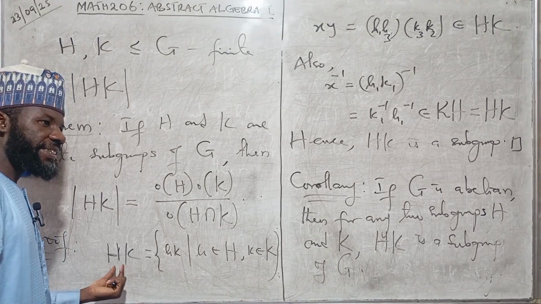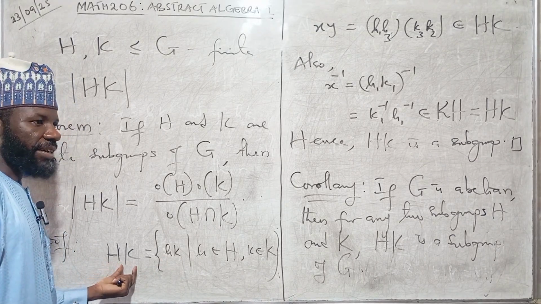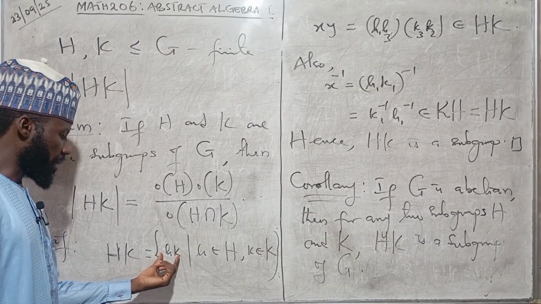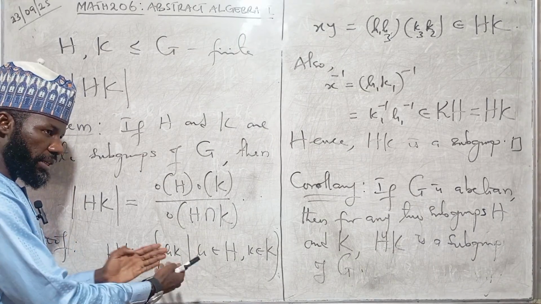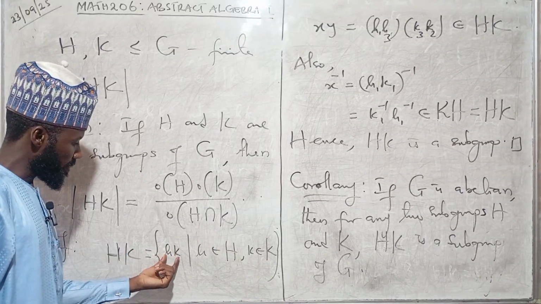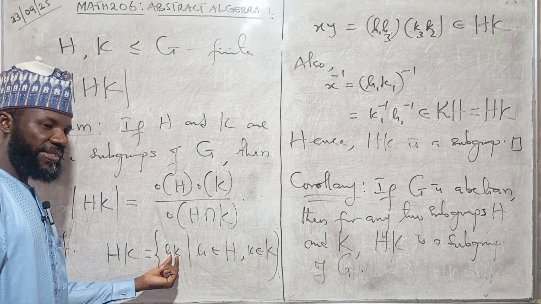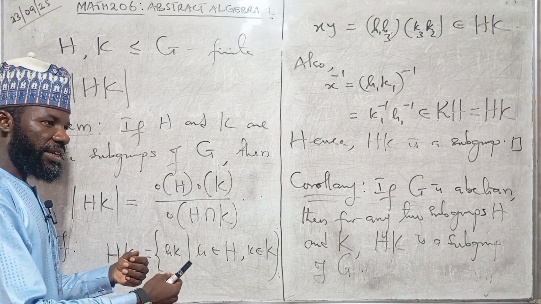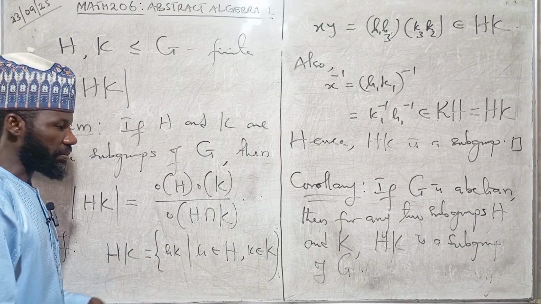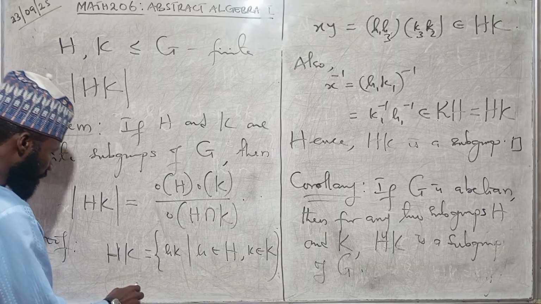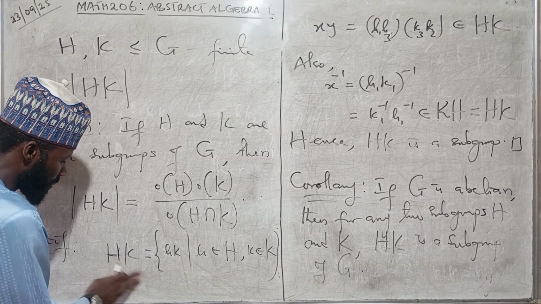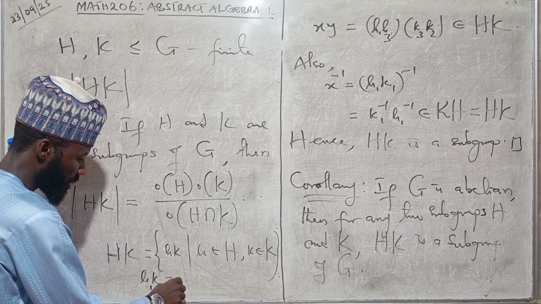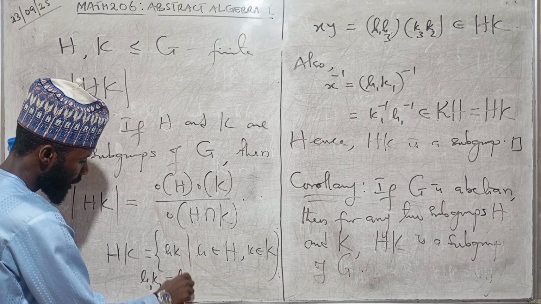It's exactly the order of H times the order of K. You will have as many such pairs as if you are pairing the elements. But when you multiply out h times k, there may be a situation where the product will be the same. Sometimes you can multiply h1 and k1 and it will be the same thing as h2 and k2.